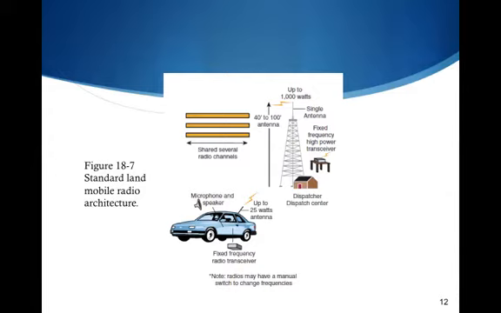And this is the model for land mobile radio architecture. There are several channels. The radio antenna is pretty high, 40 to 100 feet. You have a fixed frequency, high power transceiver in the dispatch area.